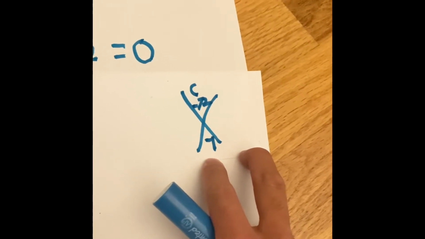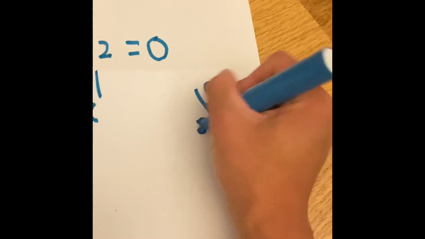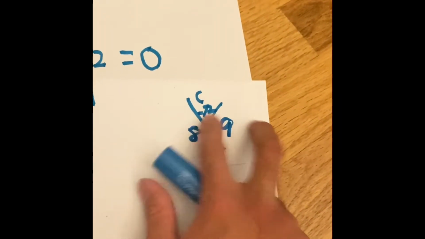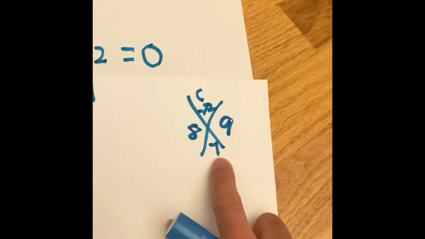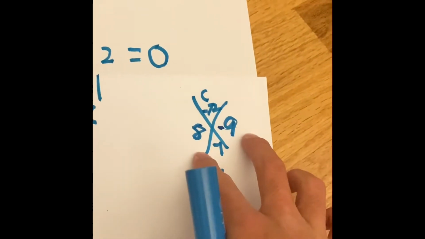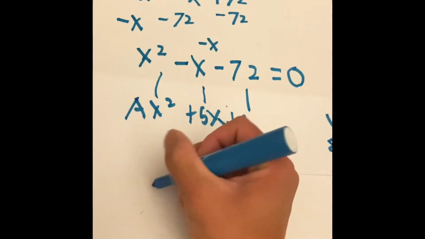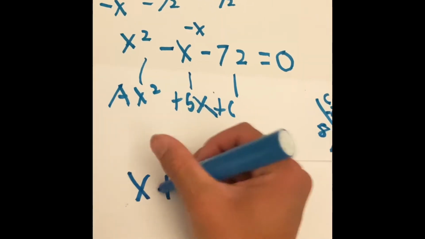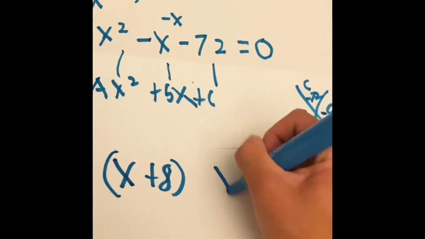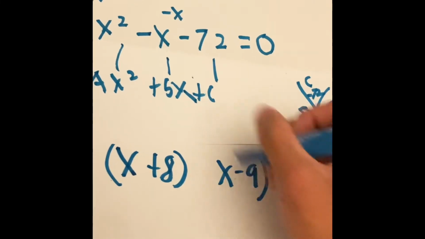Well, we could do 9 and 8, because they both go into 72. But we have to make the 9 negative, so that makes them true. So now we have x plus 8 as one binomial, and the other one is x minus 9.